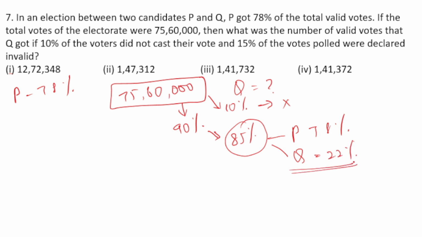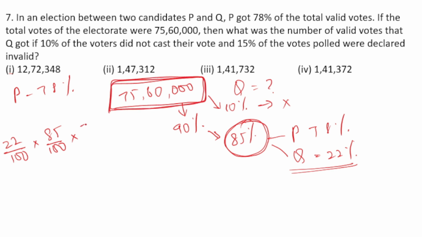So how many votes did Q get? We will solve this. Q got 22% of 85% of this 75,60,000. If you simplify, you will get the answer here. It is 22 into 85 into 756. I think the answer is 1,41,372.